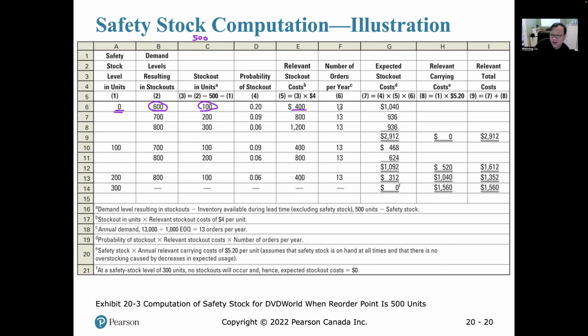In each year, there are 13 orders. So I multiply the probability times the cost per order times the number of orders. So this is my expected cost, $10,040.